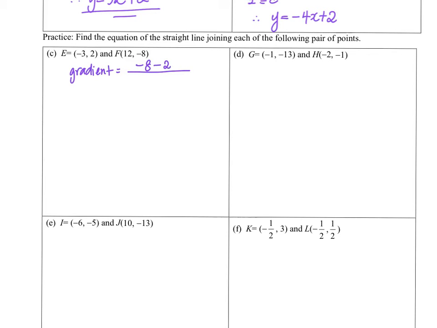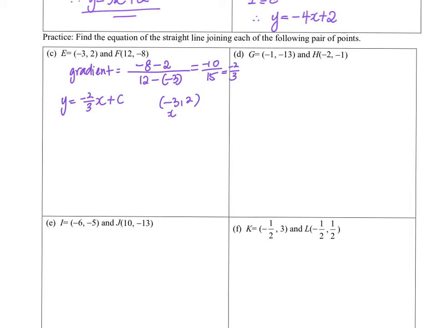y2 minus y1 over x2 minus x1. Be careful of the negative sign. So this will be negative 10 over 15, negative 2 over 3. So the equation is y equals negative 2 over 3x plus c. Choose any point.